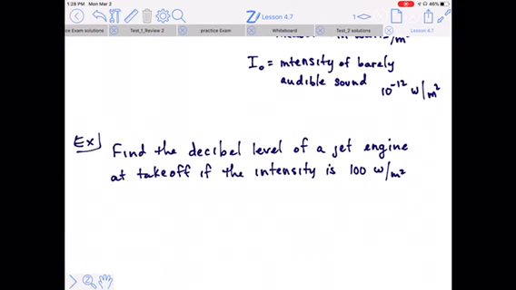So just a quick example here: find the decibel level of a jet engine at takeoff if the intensity is 100 watts per square meter. So the decibel level is 10 times log of I divided by I sub 0. So the intensity of this one is 100. The intensity of the barely audible sound is 10 to the negative 12.